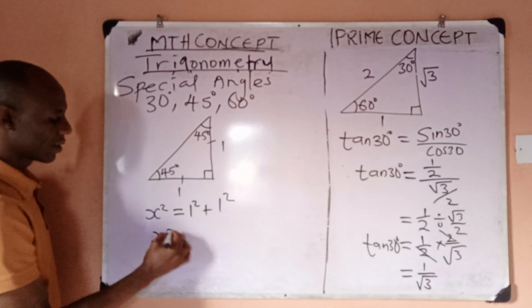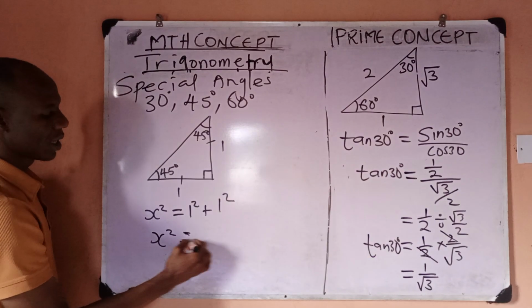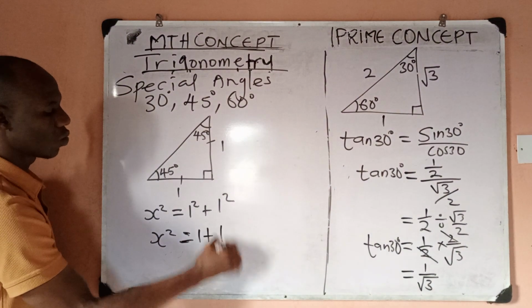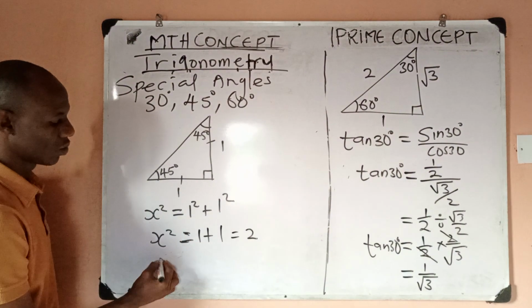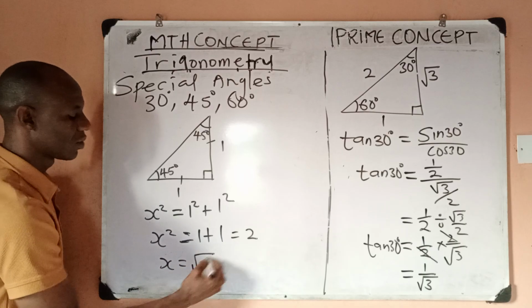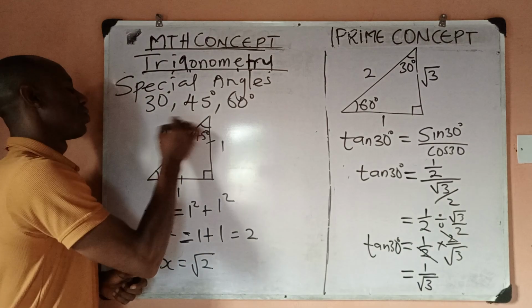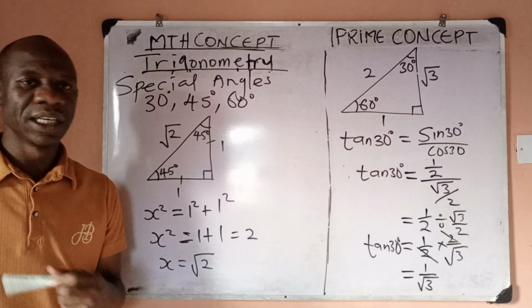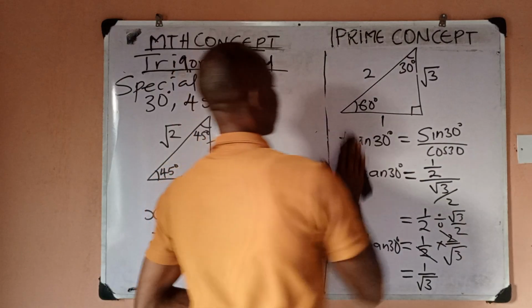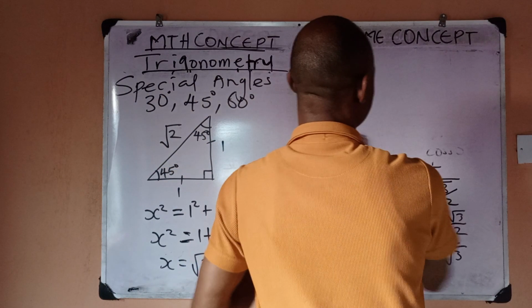So that x squared becomes 1 plus 1, which is actually 2, and then x becomes the square root of what? 2. So it means we've gotten this side to be root 2. So with this, we can get sine, tan, and cosine for 45 degrees.